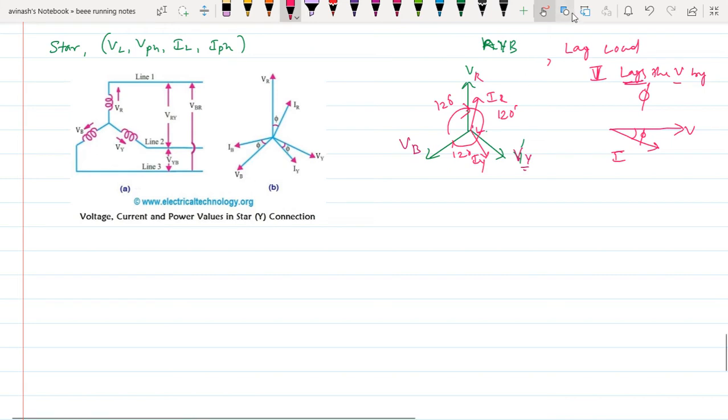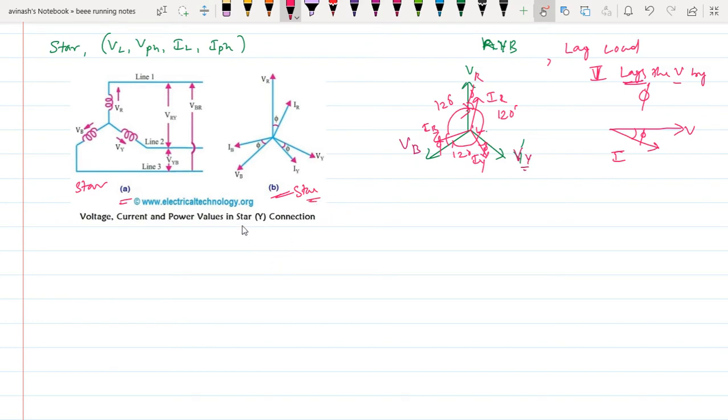In the same way, this will be the B phase current. So VR and IR are lagging exactly by an angle of phi. This will also be angle phi. Hope you can see in this figure. So this is the star connection phasor diagram.